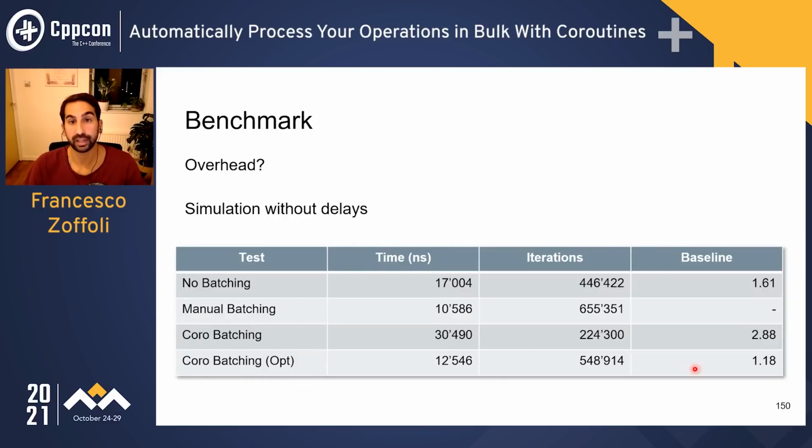And we can see that we get to within 20% of the baseline implementation, so you can get very close to it. And again, it depends on your use case whether this is fine or not. We are not going to see how to get to the optimized version, but the code is present in the link at the end.